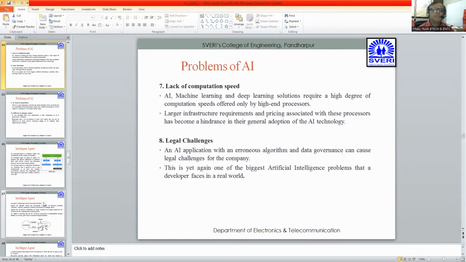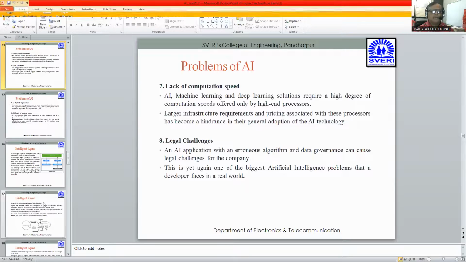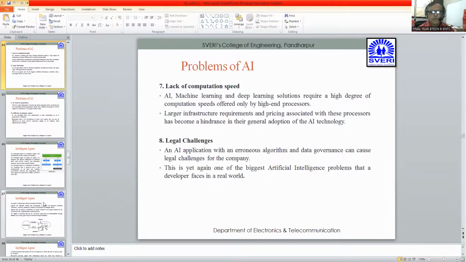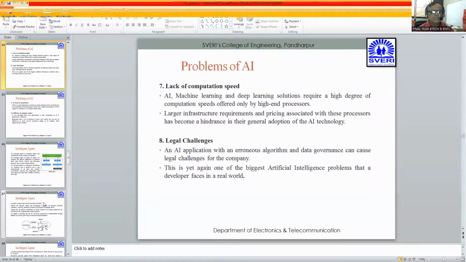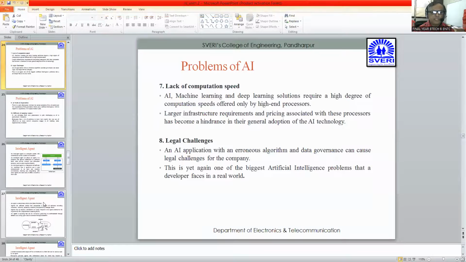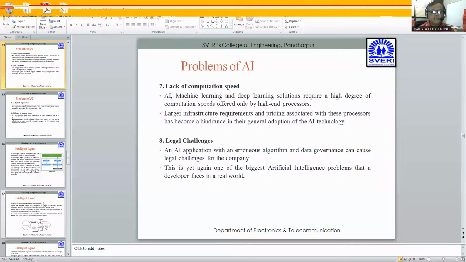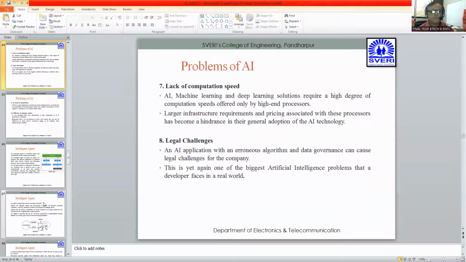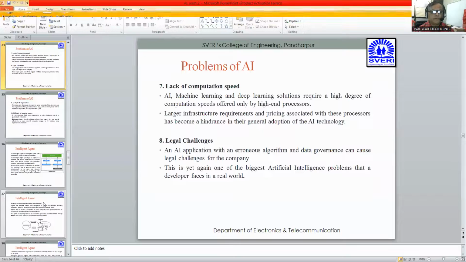So there are a lot of issues in the market as far as AI acceptance is concerned. Then legal challenges. Beyond this, there are some legal challenges also. AI applications with erroneous algorithms and data governance can cause legal challenges in the company.